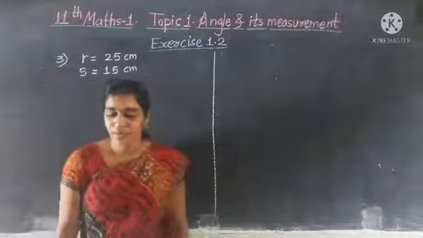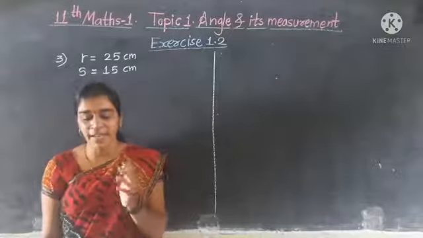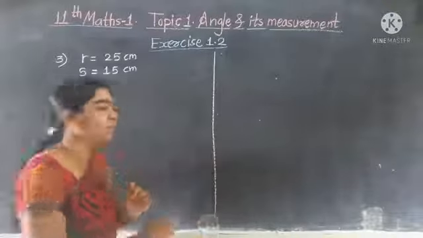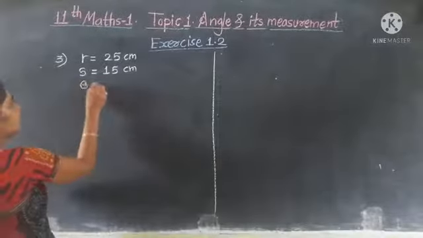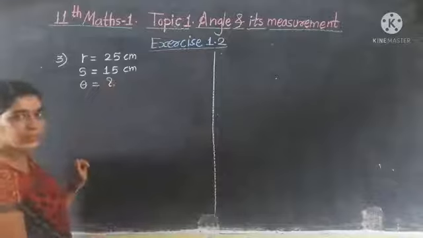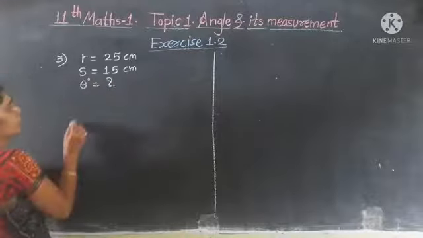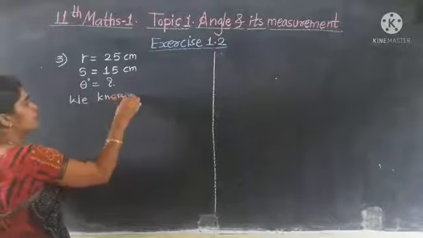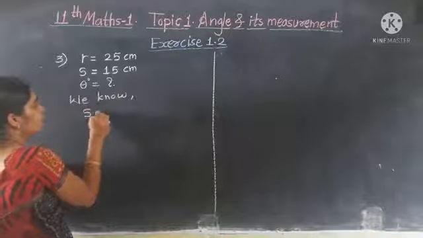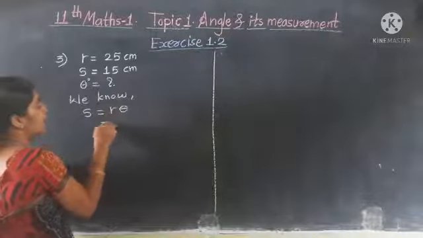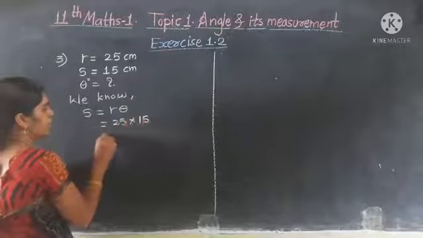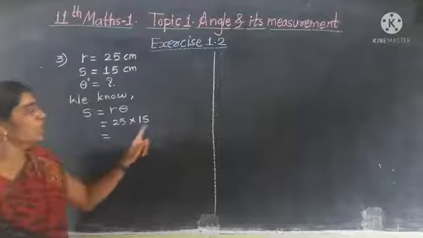Okay. We have to find angle in degree subtended at the center. Means here we have to find angle theta in degree we want. So we know that the formula S is equal to R theta. R is 25 into theta, 15.